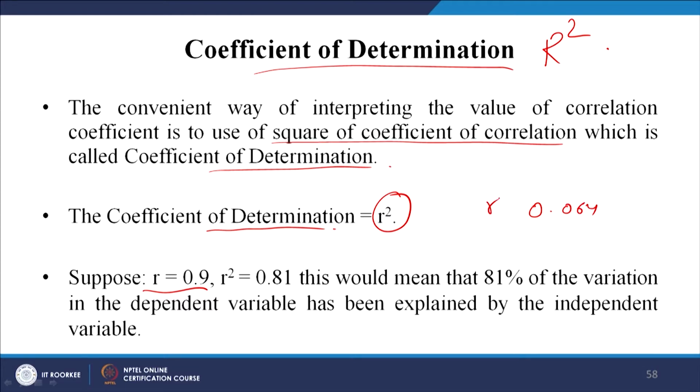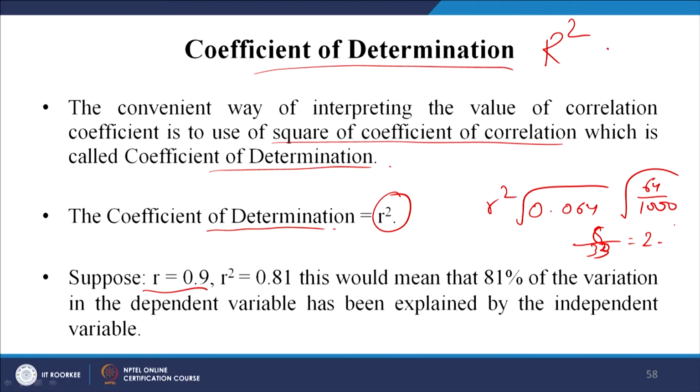So, if this is my R square, what is my R? This is equal to 64 by, let us say, 1000, right. So, root over this value is equal to 0.2 something.